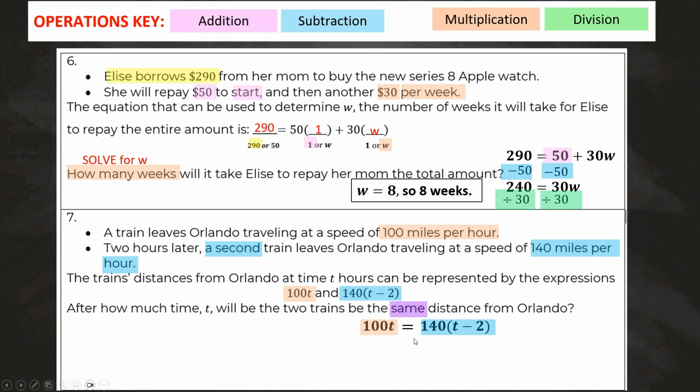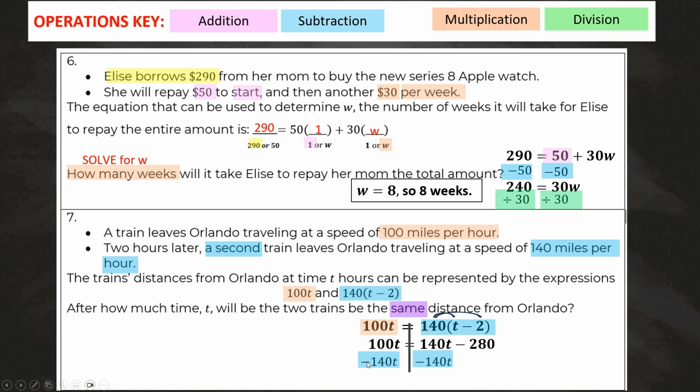So in order to solve this equation, I am first going to distribute the 140, so multiply it times the t, and multiply it times the negative 2, and I get 100t is equal to 140t minus 280. Then I'm going to subtract 140t from both sides because I cannot combine like terms if there is an equal sign in the middle.